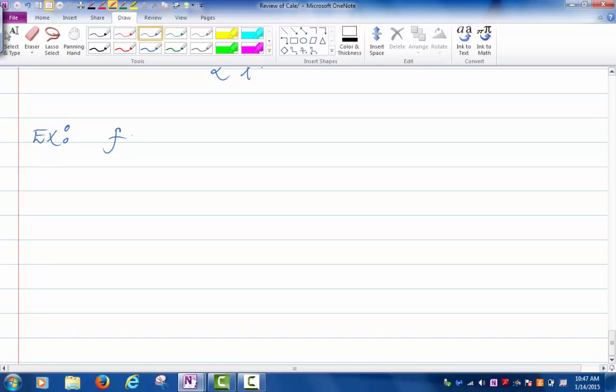Suppose that I have a function f of x, which is 3x plus 1 to the 3 times 1 minus x squared to the, let's say, 4.